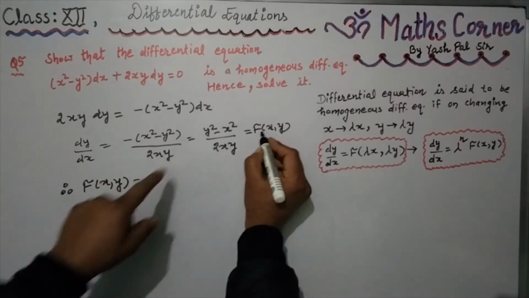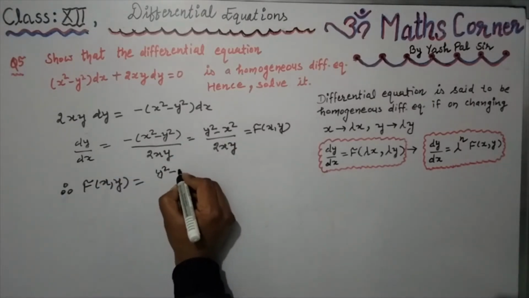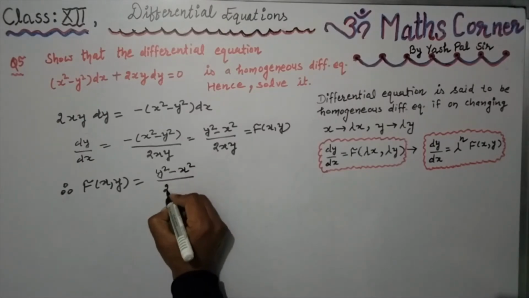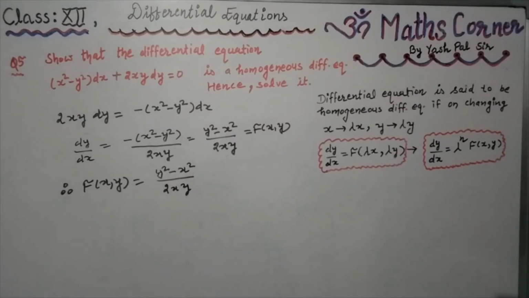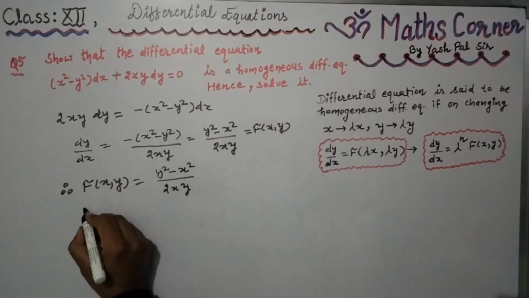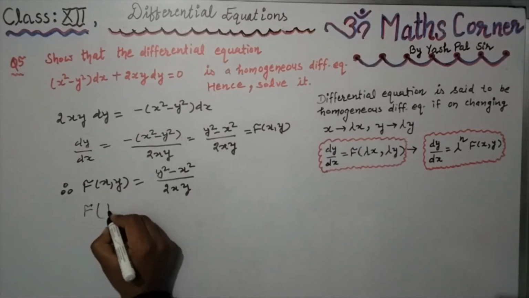So we write f(x, y) equal to (y² − x²)/2xy.